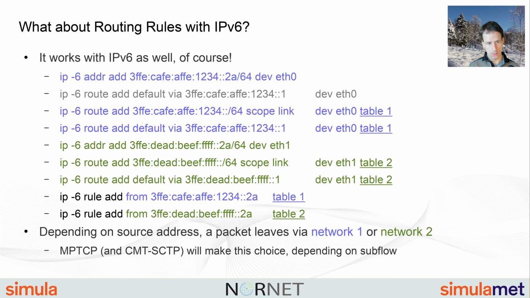Well, now when we use MPTCP or SCTP, then according to the source address for an outgoing packet, the right routing table is used. So now the machine can communicate over both interfaces, that is over both configured internet service providers.